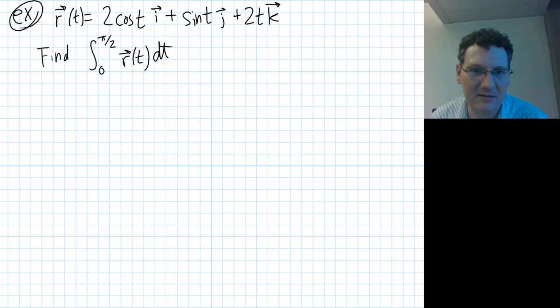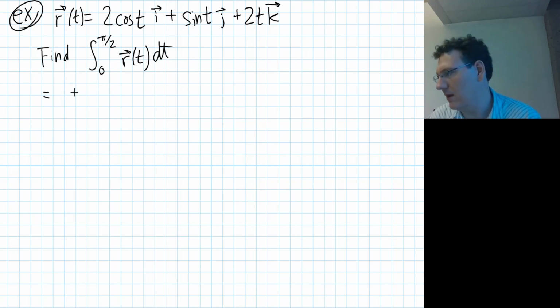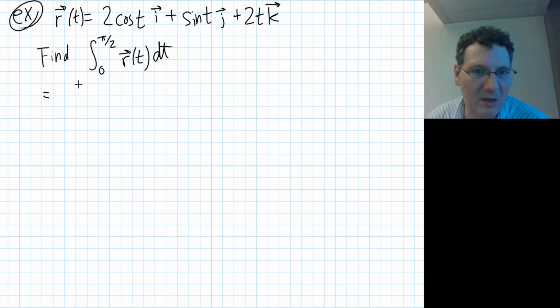Okay, so here's an example where I want to find the definite integral of this vector function. It's another helix. So we have 2 cosine t i plus sine of t j plus 2t times k vector. So the integral is going to be found by integrating these three components, which we could do a couple ways.